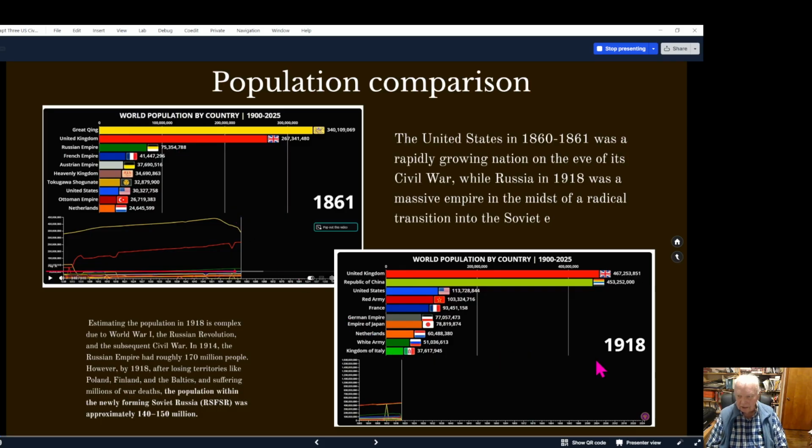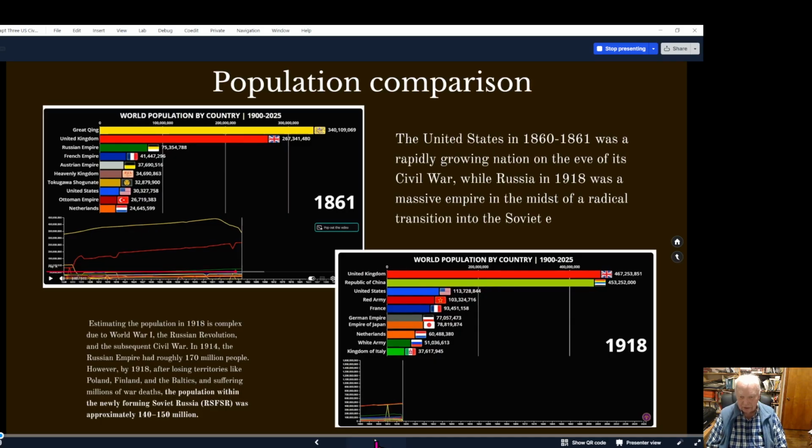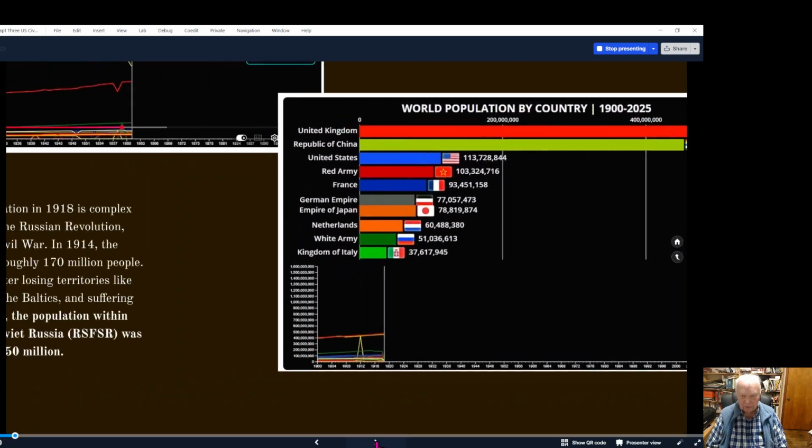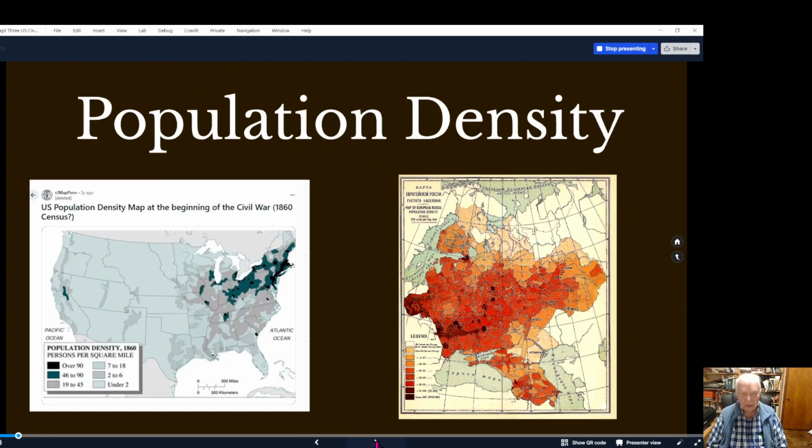Go to 1918, and now we have, they broke it down as the Red Army and the White Army, which is kind of interesting. But America, 113 million. So a change in the relative size. And of course, this will go on, and this becomes a major factor in the Cold War. And it's something that we look at in my Cold War class.